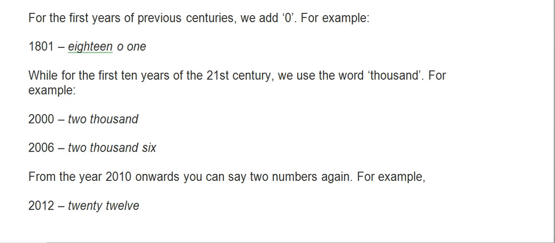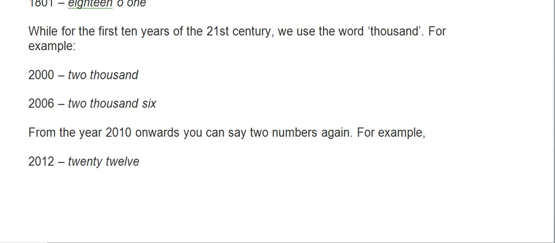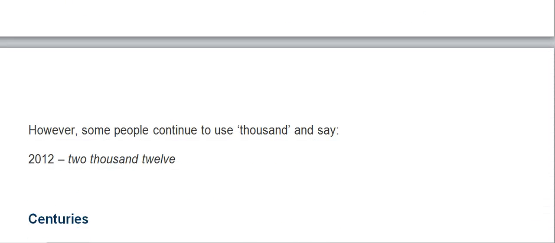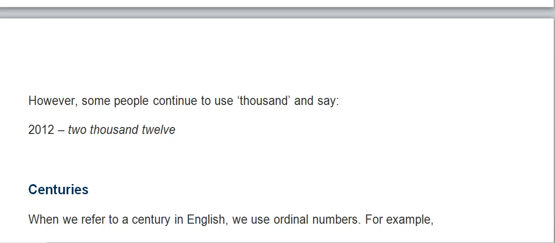For example, 2012 or twenty twelve. Both of them work. However, some people continue to use thousand and say two thousand twelve. Both of them work.